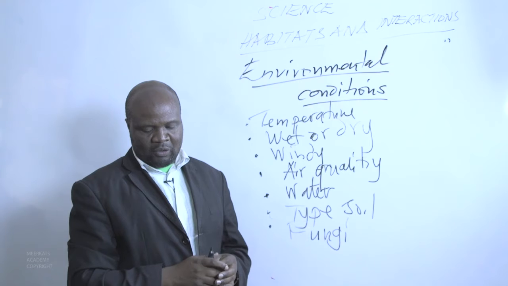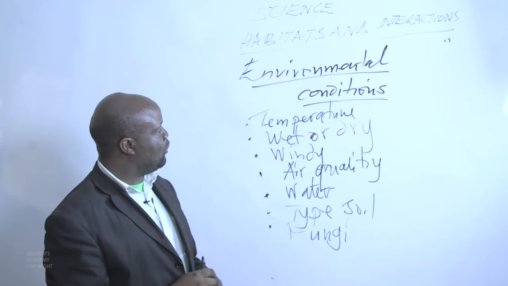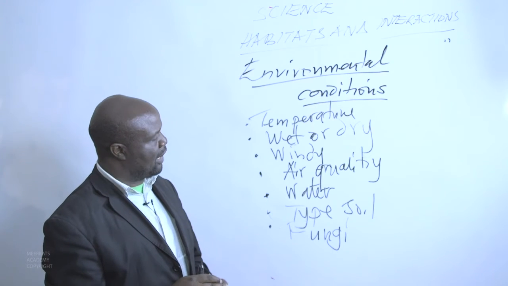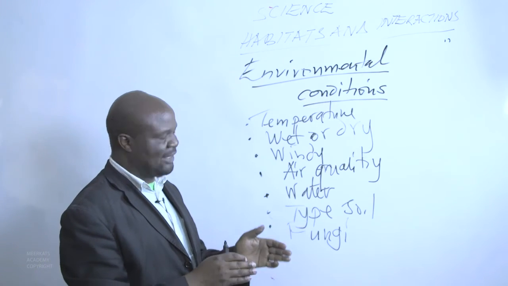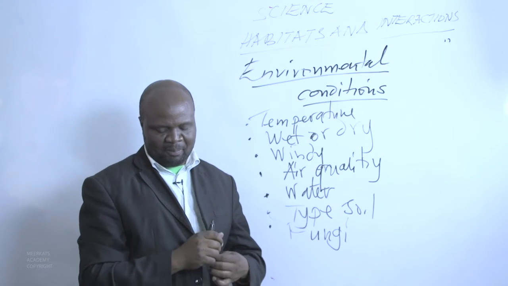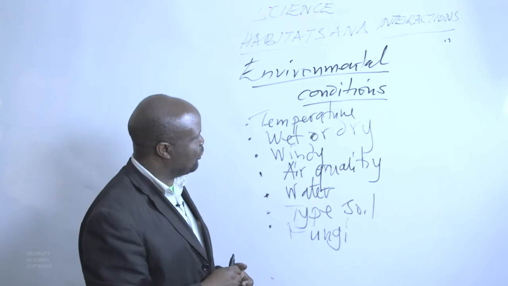When we talk of interactions, we want to see how the living organisms interact with the environment. How does it interact? Interactions between the living organisms and the environment is what we call ecology.